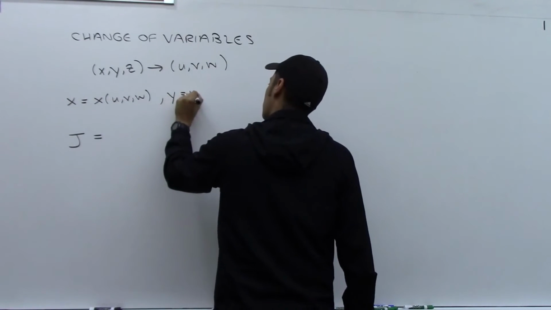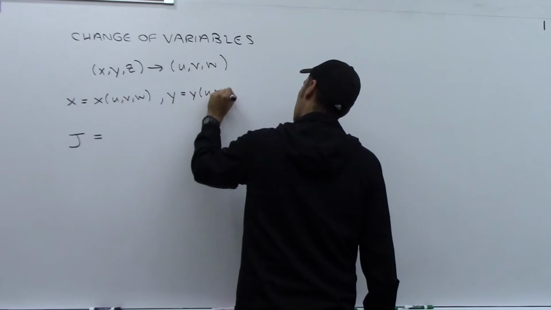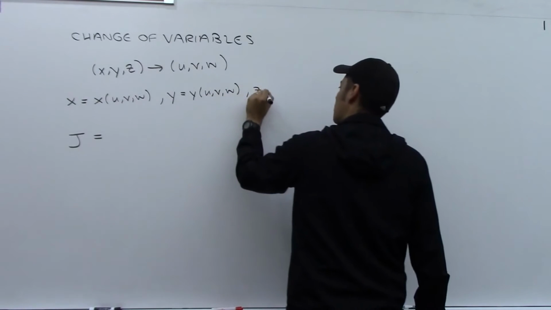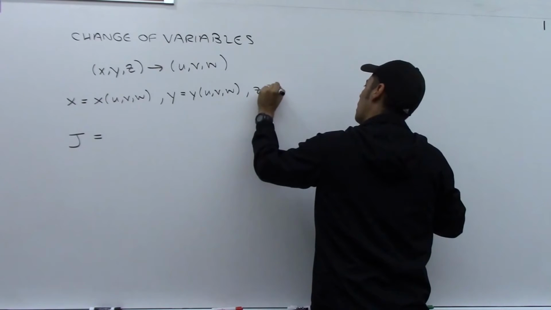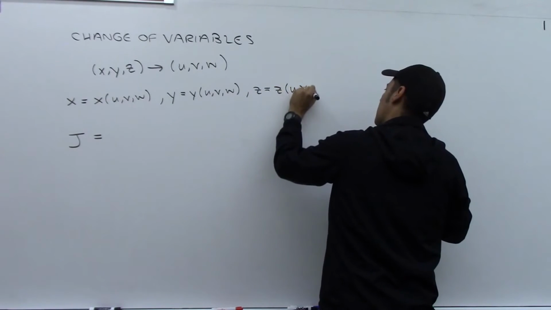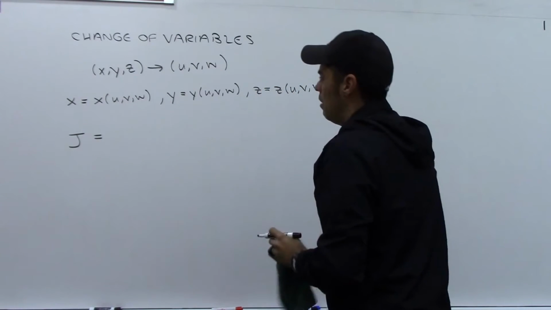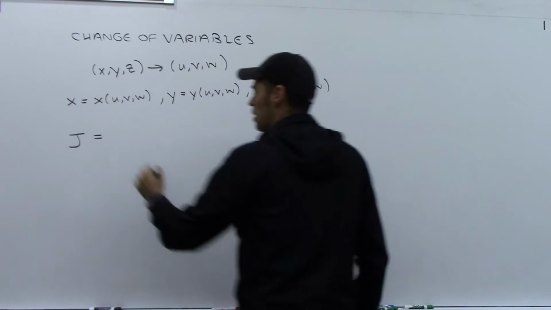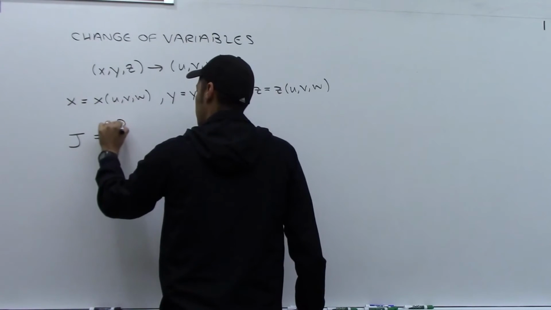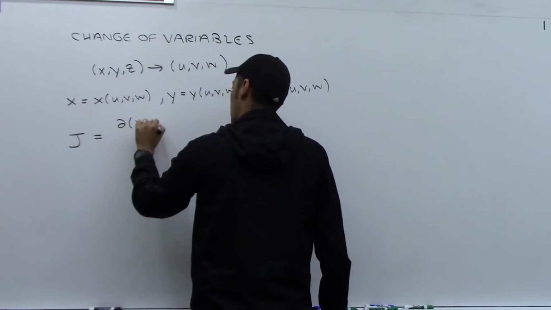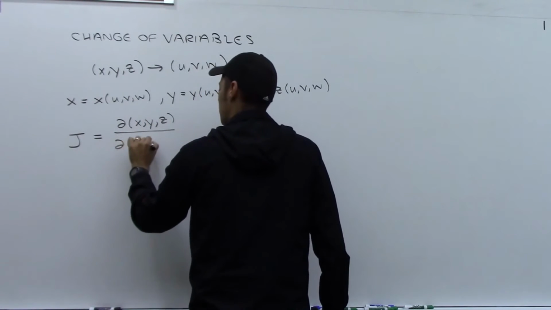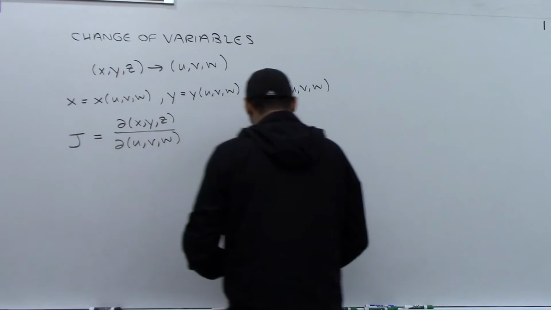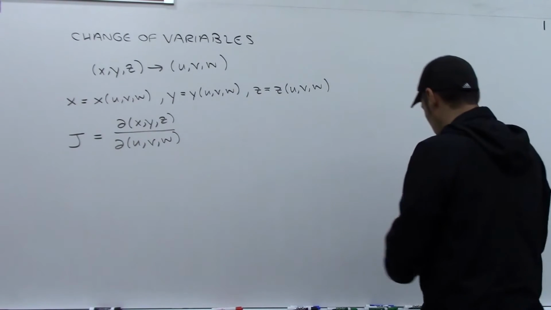Y is equal to some function of u, v, and w. And z is also some function of u, v, w. All right, so the Jacobian will be partial x, y, z over partial u, v, w. That's just notation.